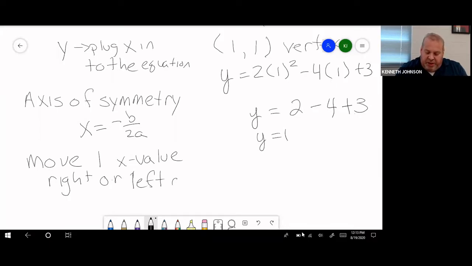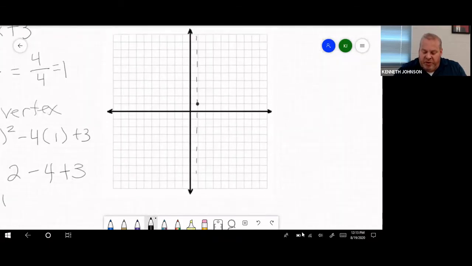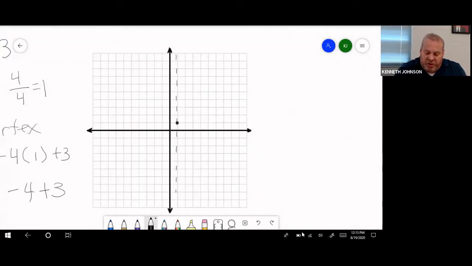Left and plug in. So I'm going to move one x value over. So I'm either going to move from my line over here to 2, or I'm going to move this way to 0. Either one. You can plug in either one.